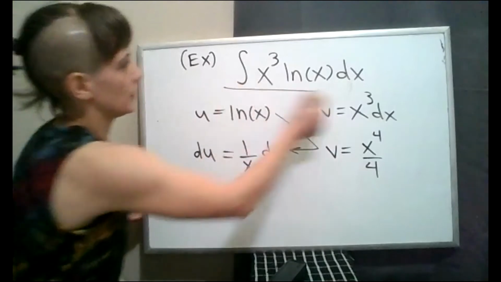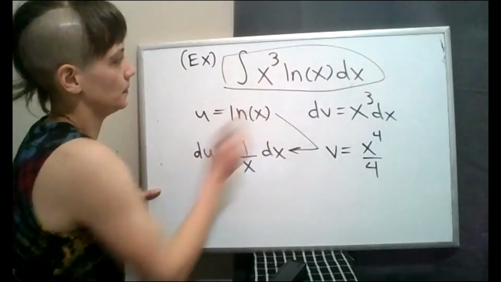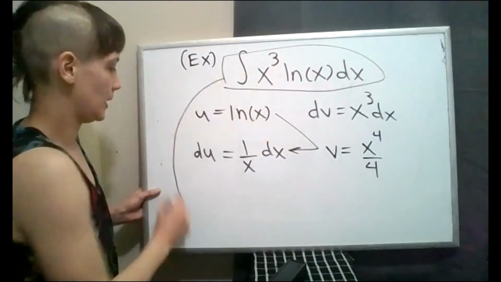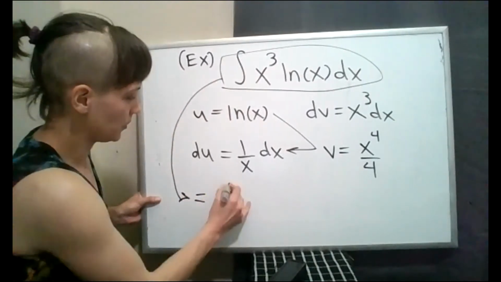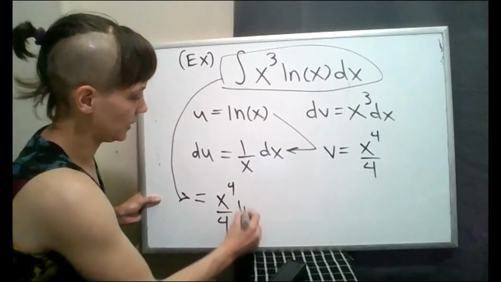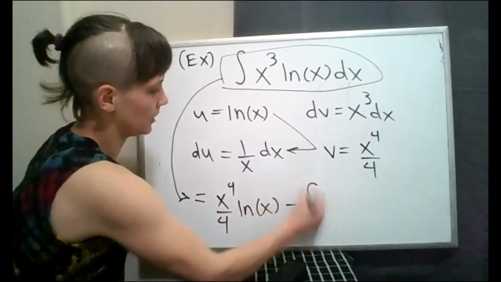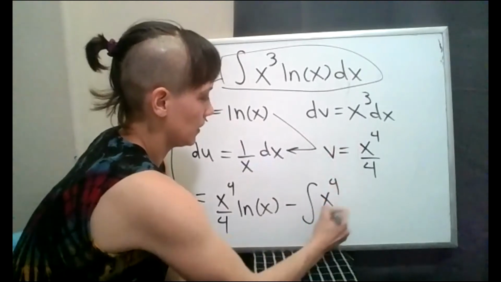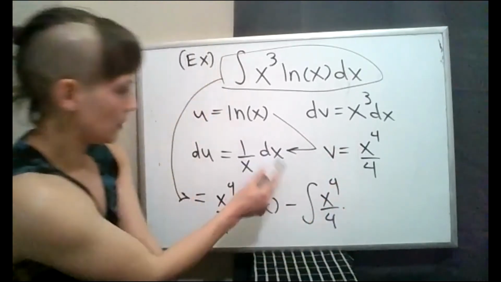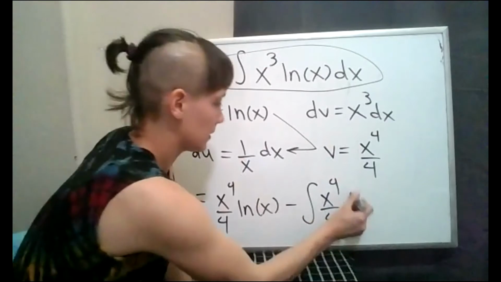This part is equal to x to the 4th over 4 ln of x minus the integral of x to the 4th over 4 times 1 over x dx.